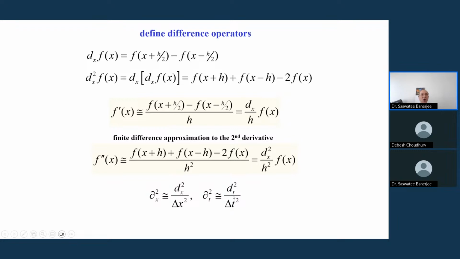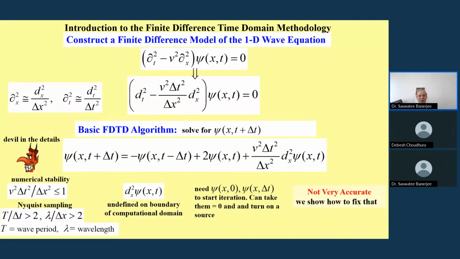All right. First of all, just to introduce the finite difference time domain method, let's look at the ordinary wave equation. Before we go into the nonlinear one, let's look at the ordinary linear wave equation. We replace the partial derivatives with finite differences, and we get an equation that looks like this.